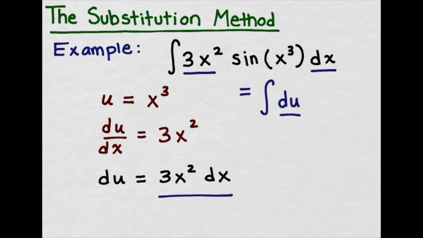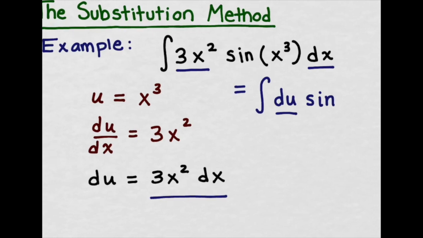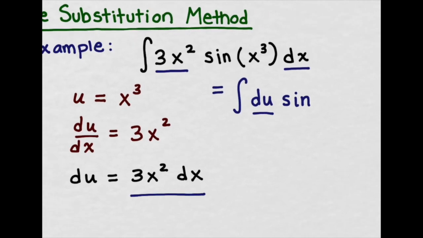So du has been replaced, 3x squared dx has been replaced by du, and we can multiply du by this sine function of u, because u is equal to x cubed. All right, I'm going to remove that underline here.